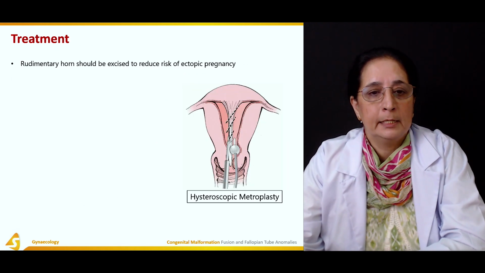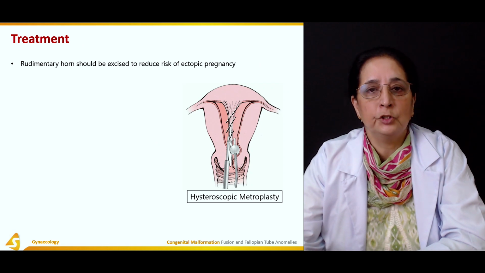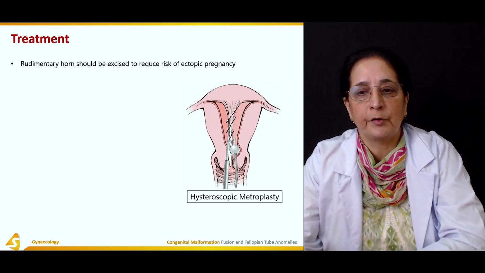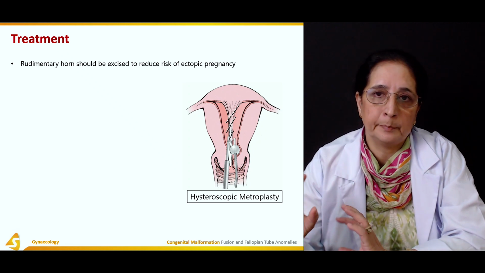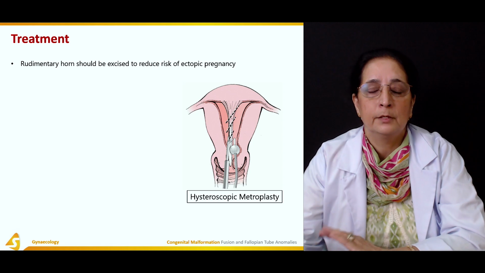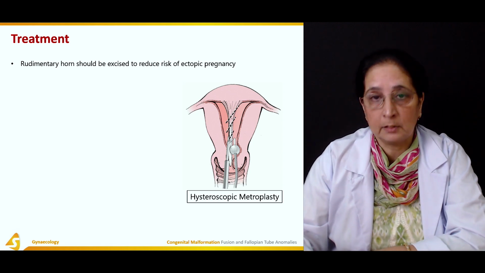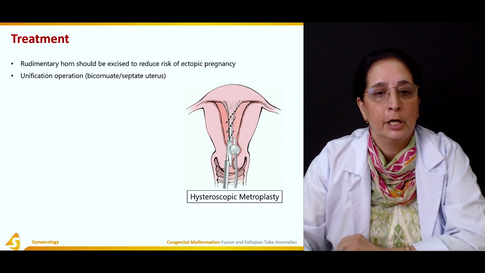Treatment is that rudimentary horn should be excised to reduce risk of ectopic pregnancy. So if rudimentary horn is present, it should be removed so it can reduce the risk of ectopic pregnancy.